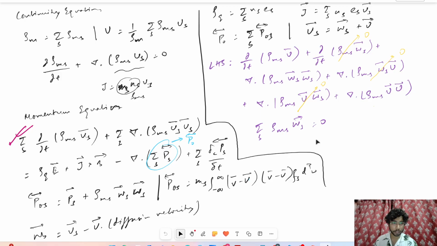Yeah, I guess that's right. So we're left with del del T of rho ms u plus del dot rho ms uu and del dot rho ms ws. Right, three terms.